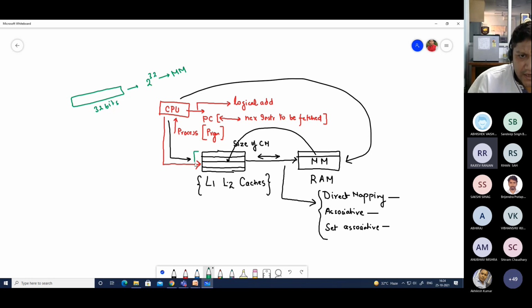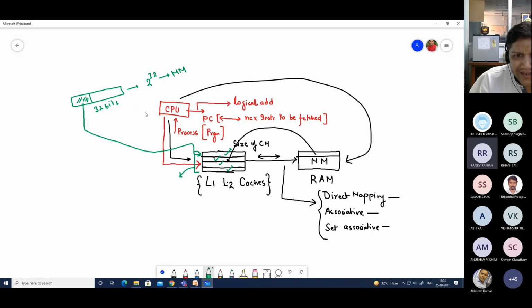Your cache is always smaller than main memory, so you need some mapping mechanism to decide which block of main memory is going to be mapped to which block of cache. From this 32 bit address, some bits are going to be utilized as an index to the cache memory. Remember?